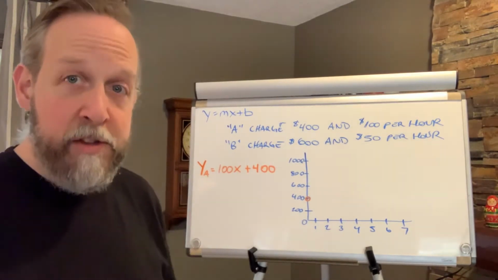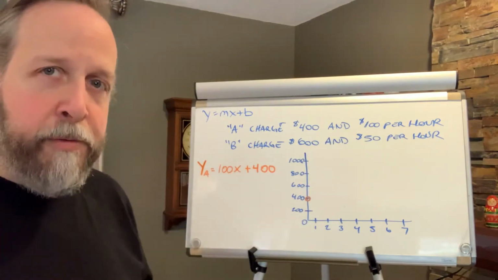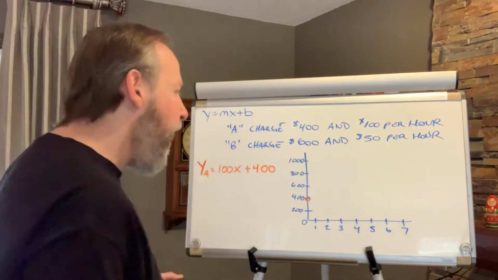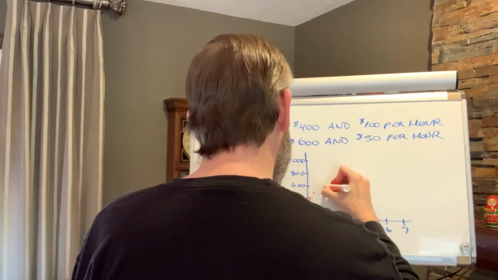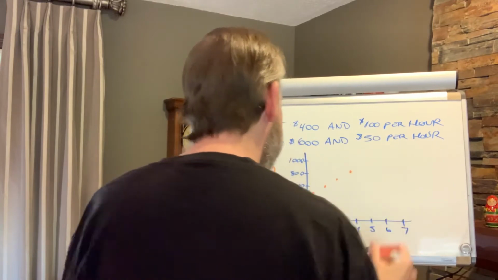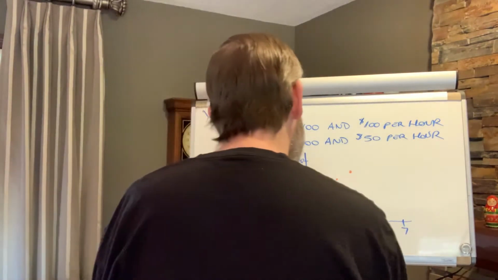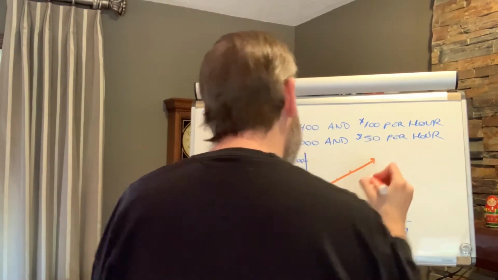That's actually pretty easy to write. So builder A started out at $400 and goes up $100 an hour. After 1 hour, he's at $500. After 2 hours, $600. 3 hours, $700. 4 hours, $800. You see how it goes. So I'm just going to make my line for builder A.